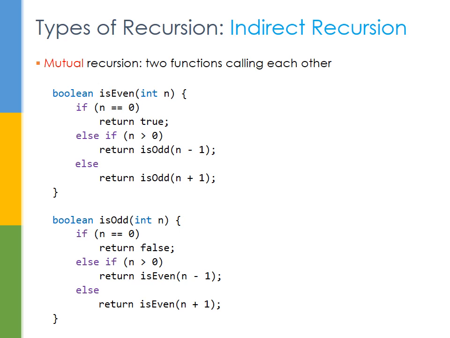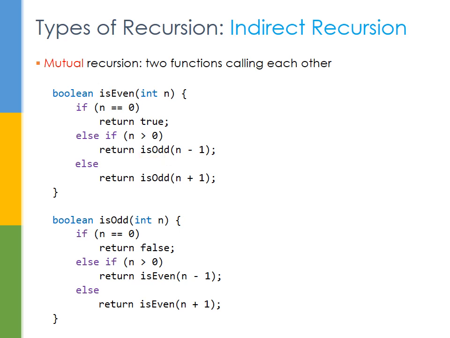Right, so then we have the nested if with its else in both cases, and here we can see again that we have the same condition in both cases, where we are comparing n to a 0 value and testing to see whether n is greater than 0 in both cases. So then we have two calls in the is even function.